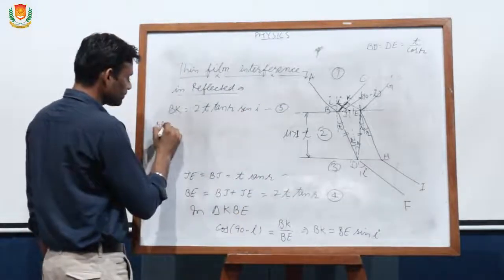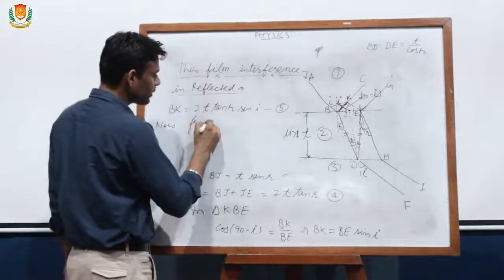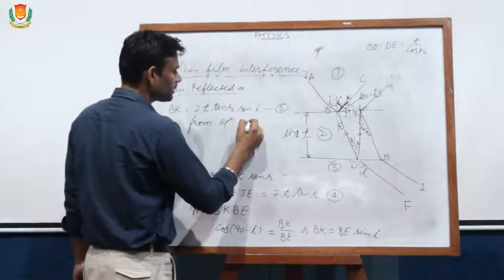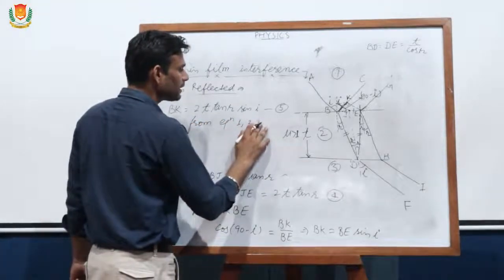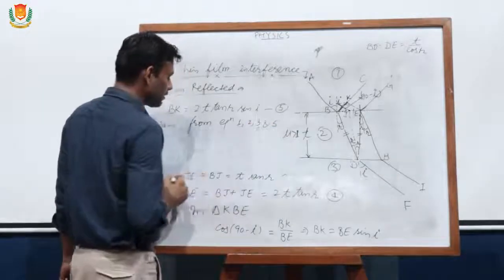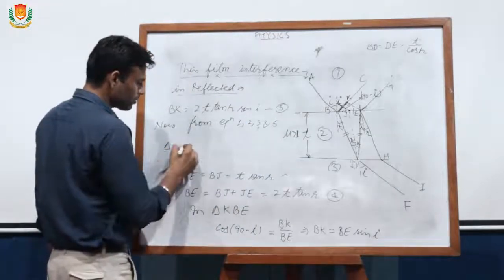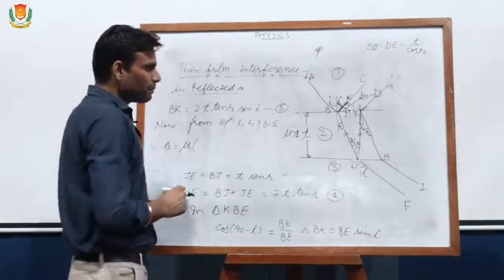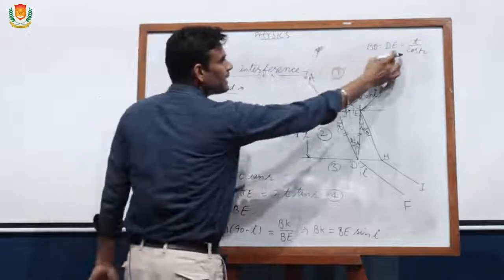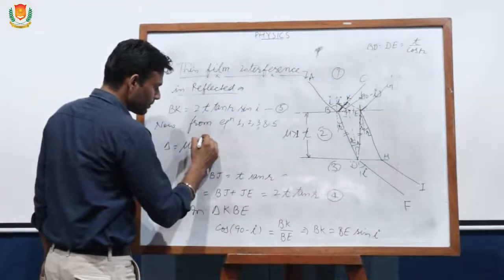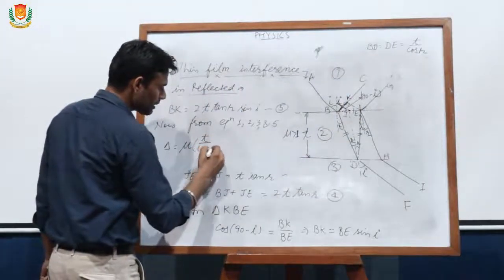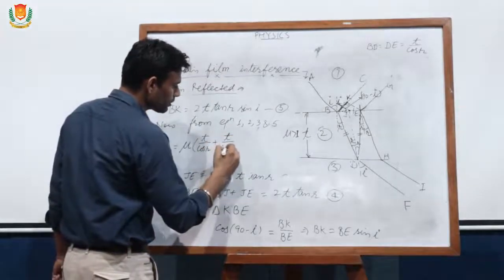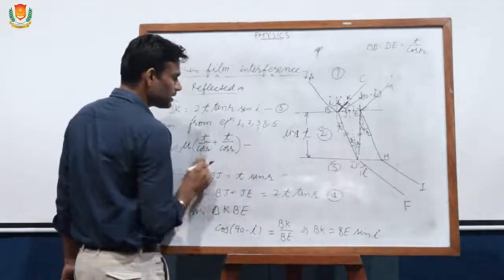So now from equations 1, 2, 3 and 5, we have delta equal to mu (BD plus DE) minus BK. BD and DE are T upon cos r. So it will be T upon cos r plus T upon cos r, minus BK.